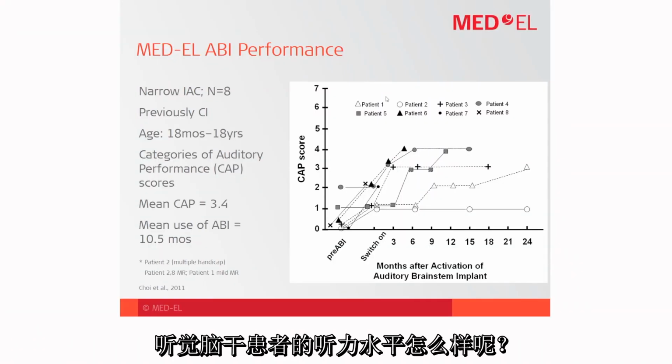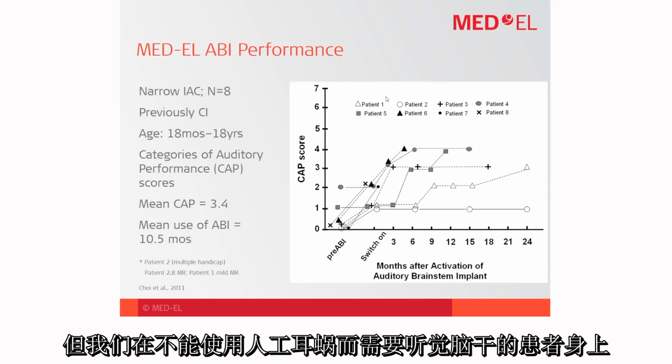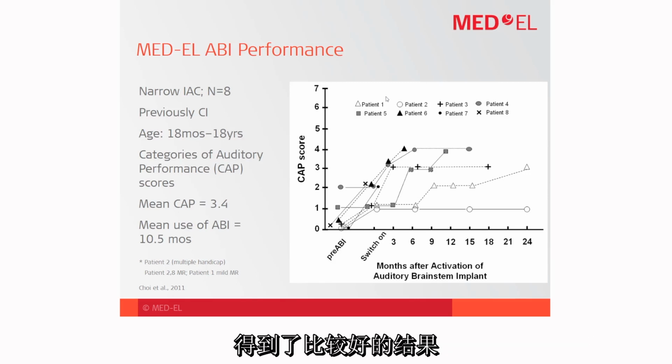What about ABI performance? Usually you would anticipate that an ABI user performs poorer than a multi-channel cochlear implant user, but we have had some positive performance in ABI users who would not necessarily benefit from a cochlear implant.